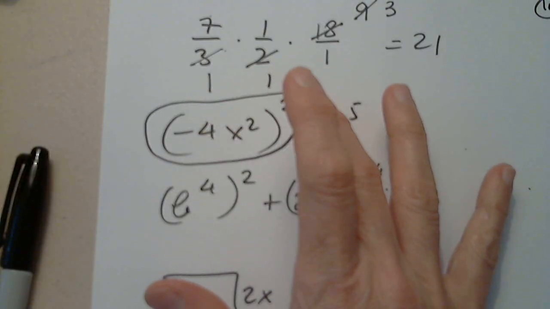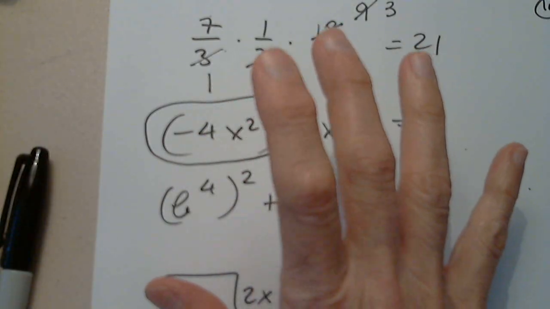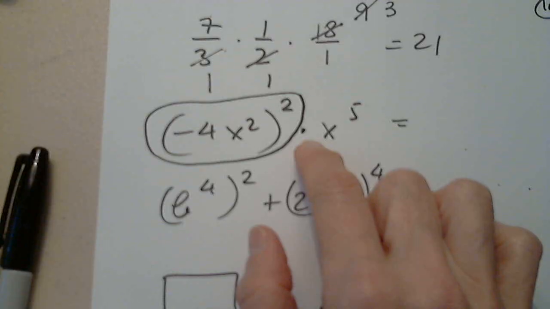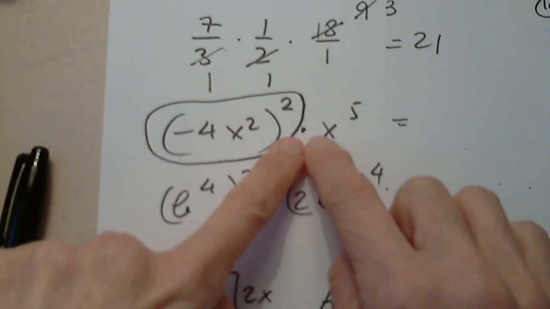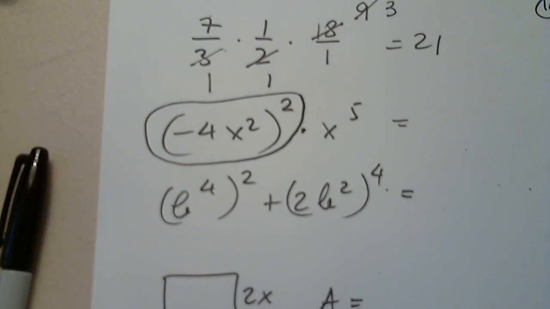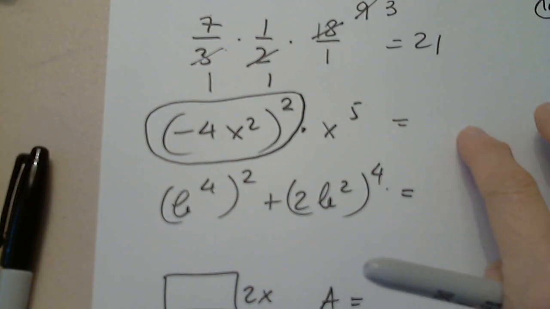Negative 4 squared and x squared squared. And then, by the order of operations, we have to deal with the power first and then multiply. So what do we get as a preliminary step?